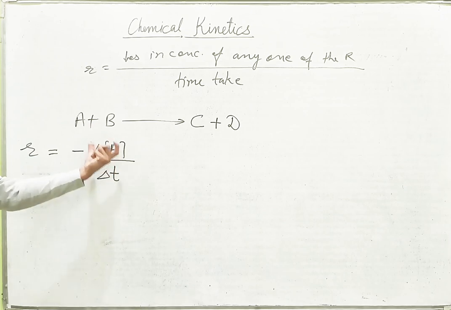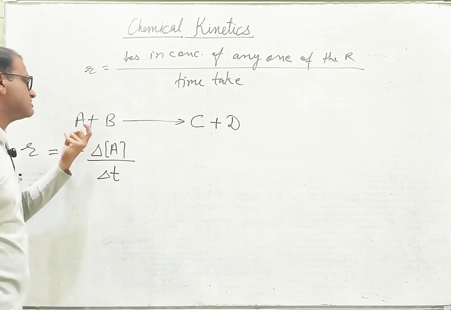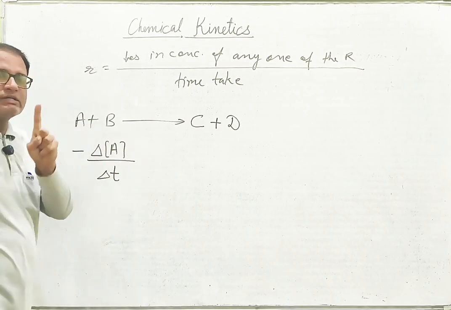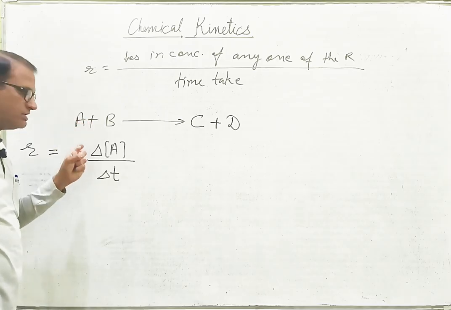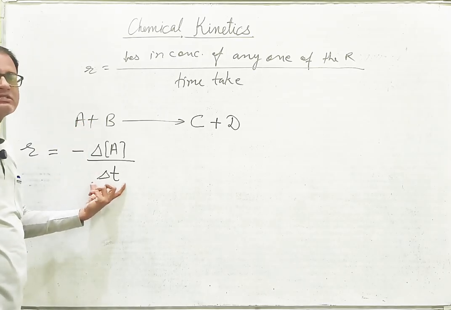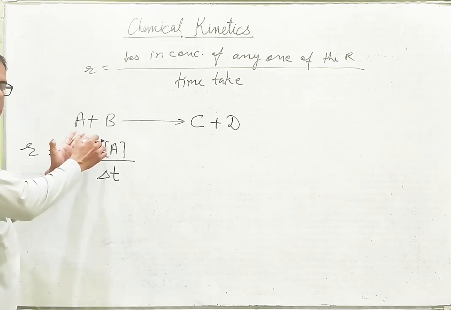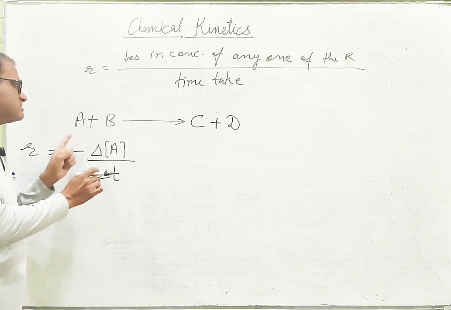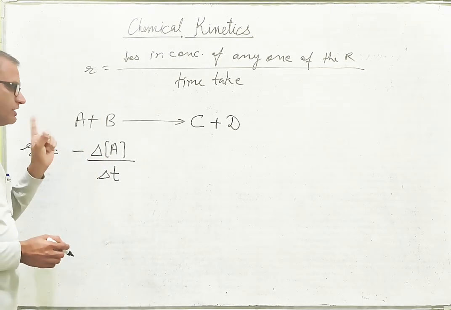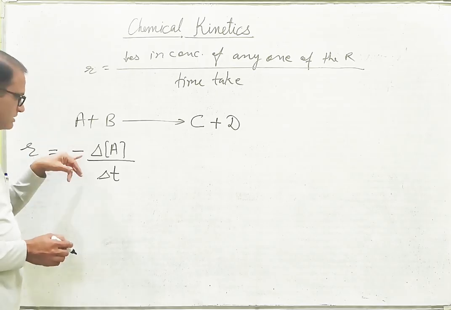So change in the concentration of A means there will be decrease in the concentration of A, and delta T means change in time, how much time is taken to change this concentration. Since the concentration of A is decreasing, that is why the minus sign.